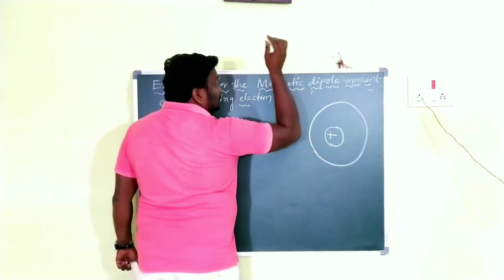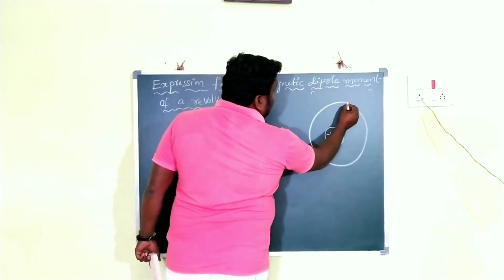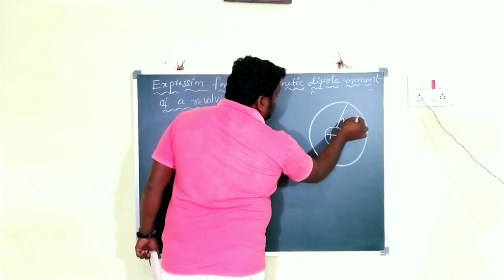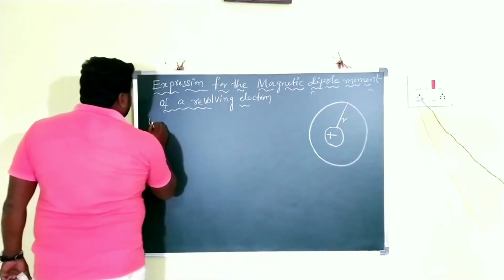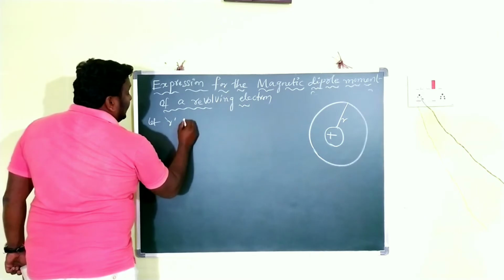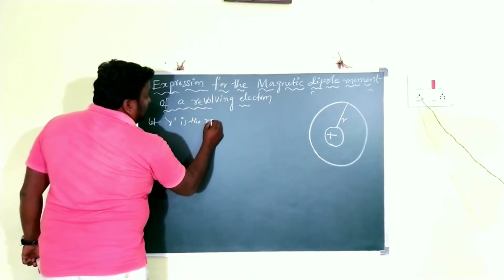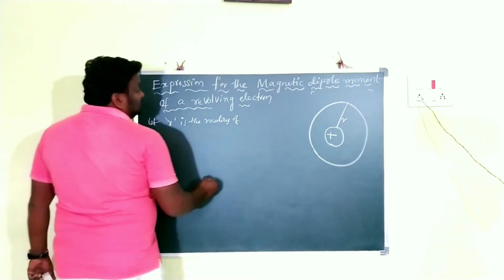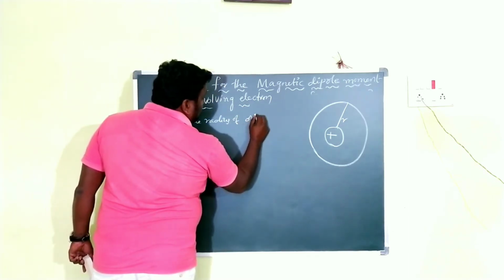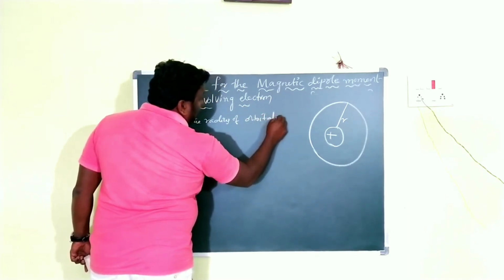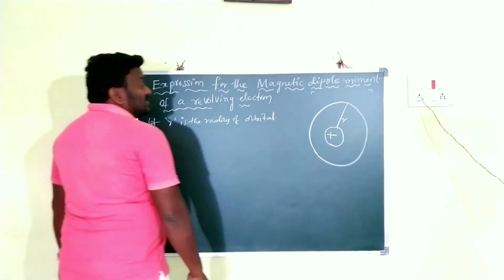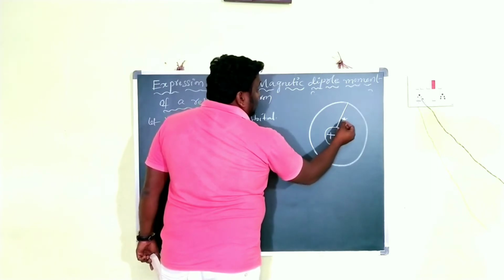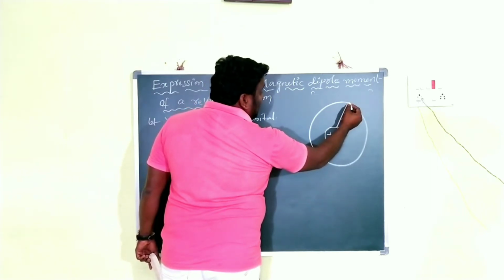Let small r be the radius of the orbit. In this case you have to assume that the velocity of the revolving electron is v.